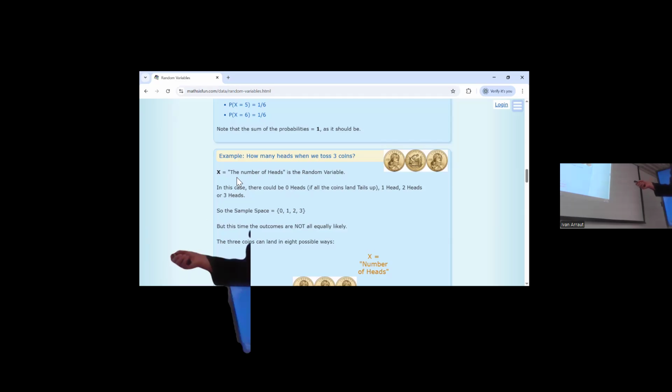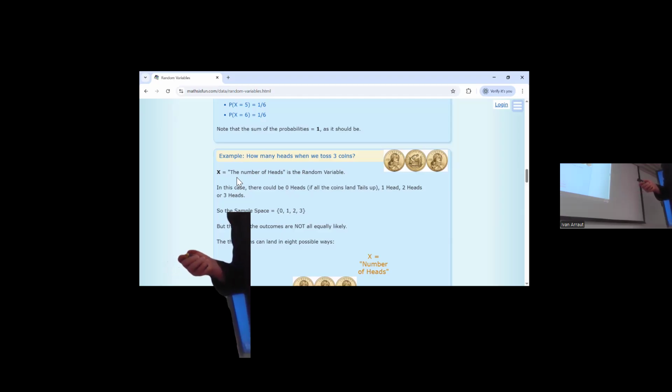If it's tail, there are 0 heads, right? So the probability of 0 is the probability of getting tail, tail, tail. If there is only 1 head, it could be head, tail, tail, or tail, head, tail, or tail, tail, head.